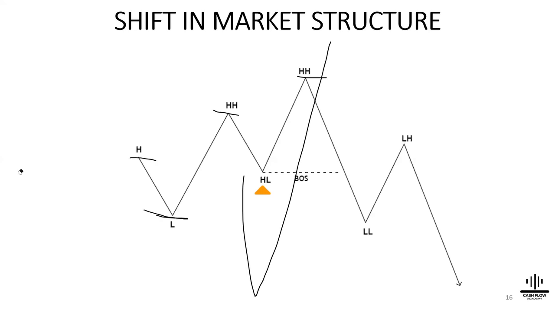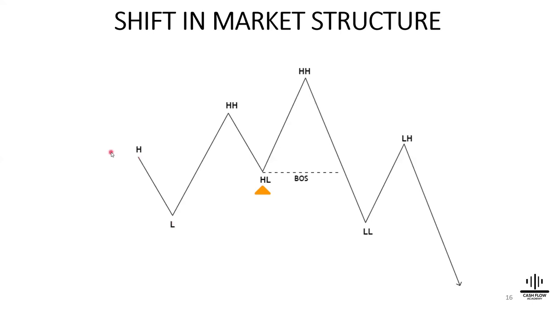So I will explain it again. Price started moving from this high to this low, and then it broke this high with a bullish swing, forming a trend, and then it retraces, forming a bearish swing, and then it moves up to break the previous high which was created. Now we expect price to retrace to this point and then continue. Let me draw it here. So we want price to retrace and then continue, but instead price did not do that.